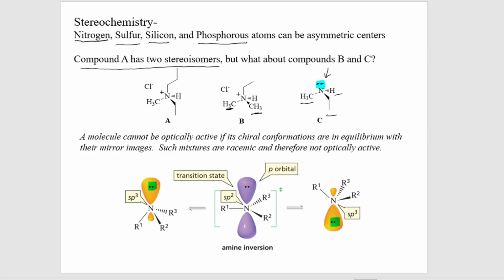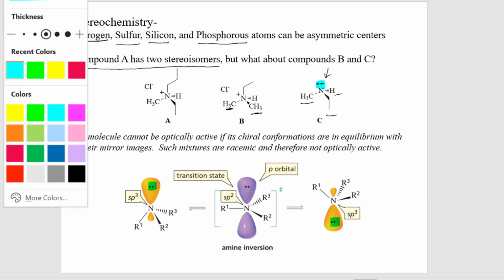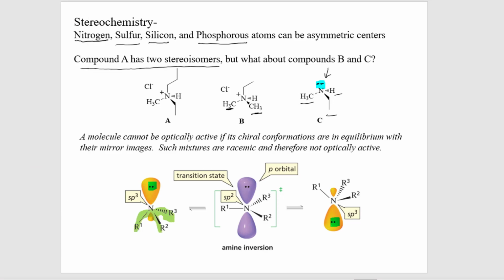It's like an umbrella. Let me do it in green. So we've got this umbrella here. Look at all of those groups. Those are the bonds in green. Notice that it inverts like the wind blew, right? And what's happening is it's sort of a tunneling effect.